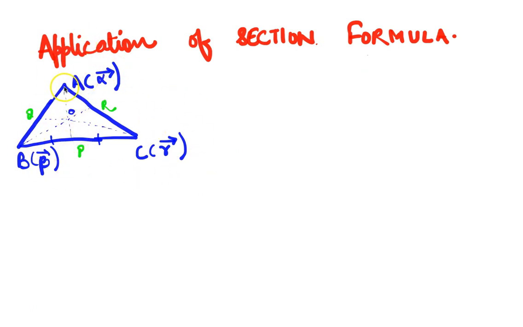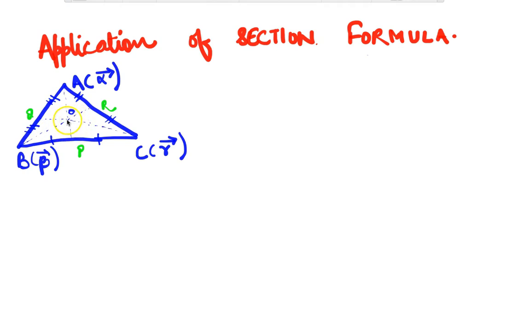The centroid of a triangle is basically the point where line segments from a vertex, each dividing the opposite side in an equal ratio, meet. So BP is equal to PC, AR is equal to RC, and AQ is equal to QB.